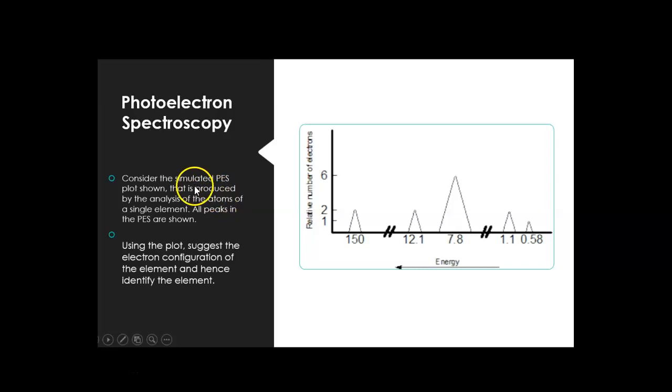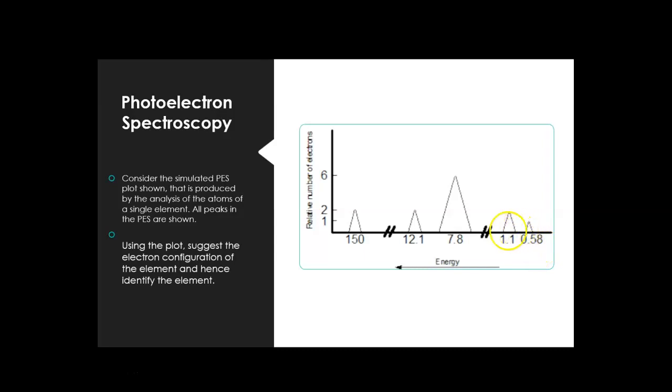So we consider the simulated PES plot produced by the analysis of the atoms of a single element, and they give you all the peaks in the PES. These hash marks here represent a big break in the energy, which, as you see, is very broad.